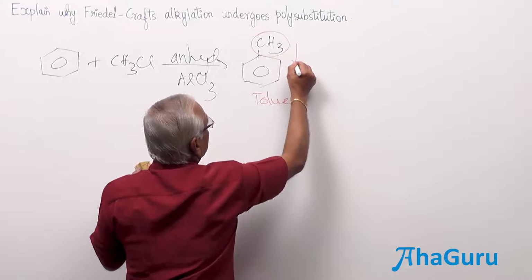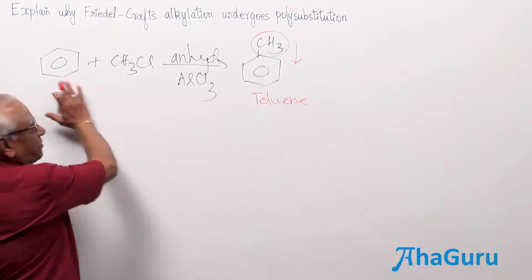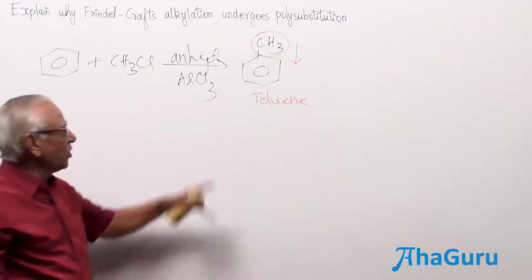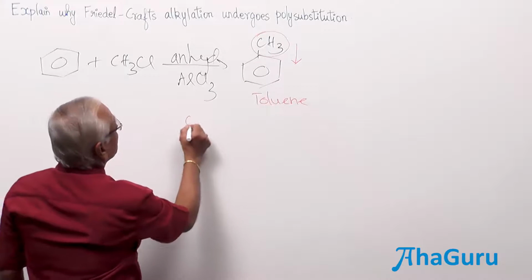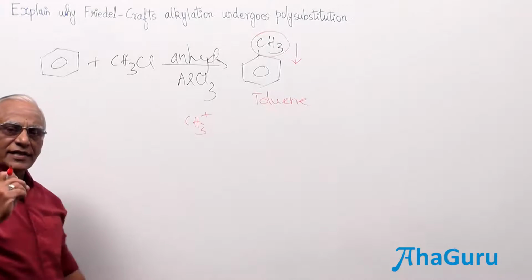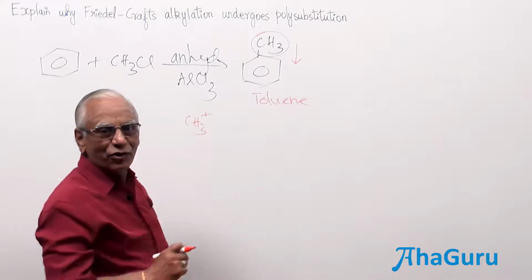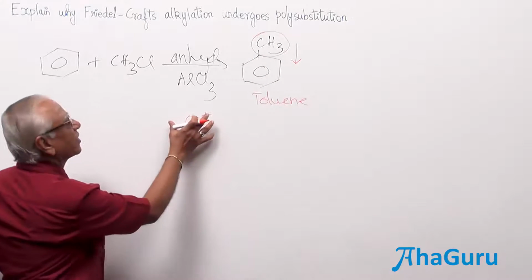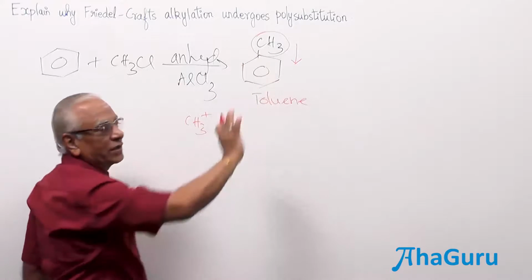It releases electrons into the benzene ring. So, when you compare benzene and toluene, toluene has higher electron density. Now, what is the electrophile here? CH3 plus. An electrophile always attacks a compound which has higher electron density. Therefore, after some time, the methyl carbocation will not attack benzene, it will start attacking toluene.